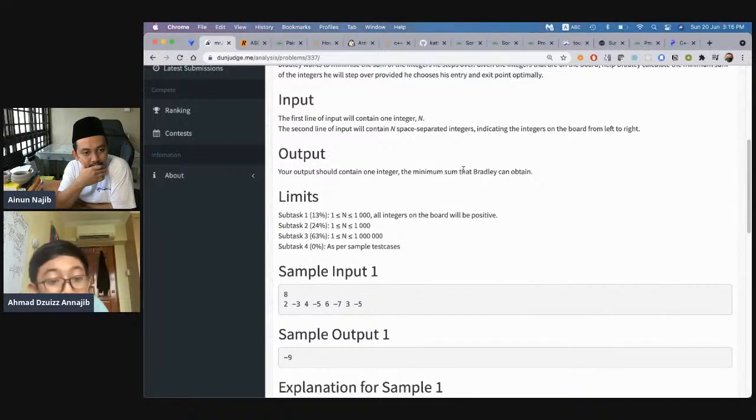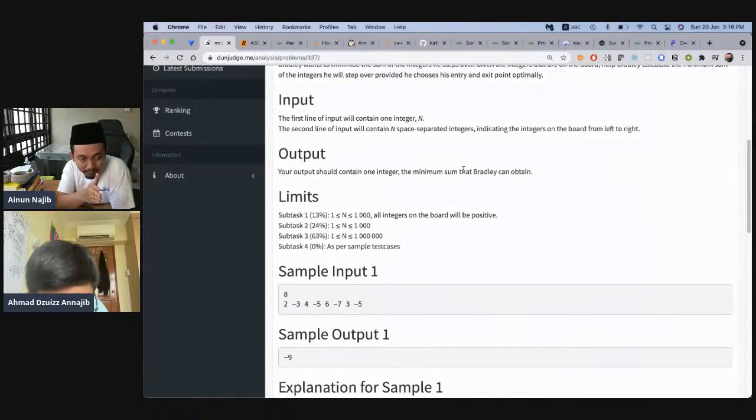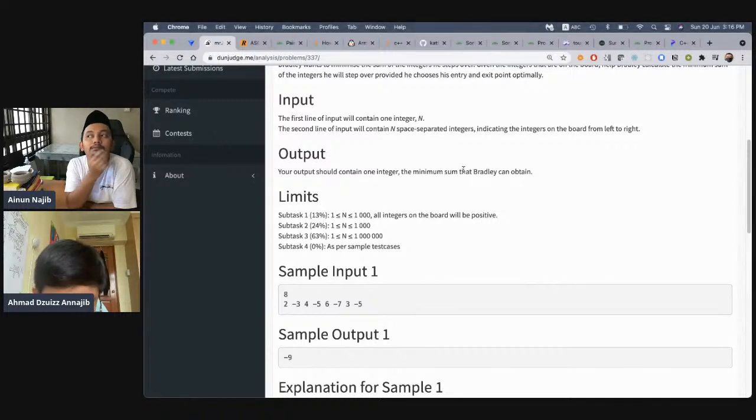But how do you know it's a minimum? Because if you want to exit at 4, that means your option is you continued from some number before 4, which is -3.